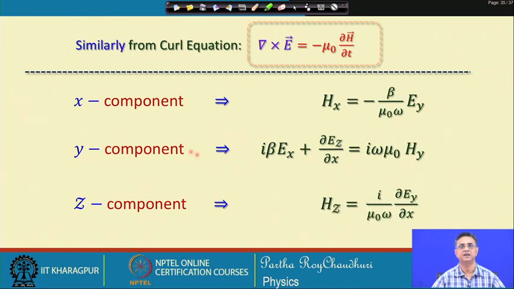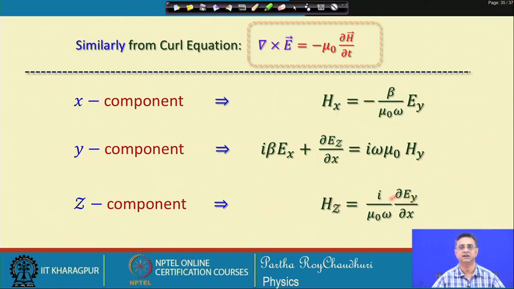And in the same way, if we look at the components of the curl equation, like the x component, y component and z component, and we do the same operation, we can show that H x will depend on E y in this way, E x, E z and H y will have a dependence in this way, H z and E y.